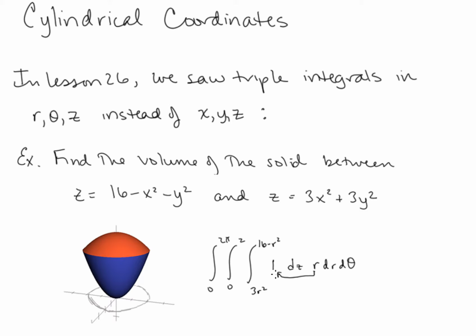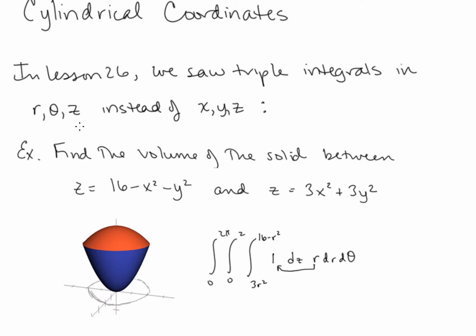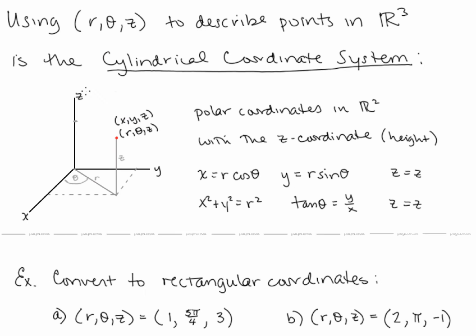Now, more generally, we can describe points in three-dimensional space not in x, y, z coordinates, but in r, theta, and z coordinates, and that's called the cylindrical coordinate system. So using r, theta, and z to describe points in R3 is a cylindrical coordinate system. So r and theta are exactly the same thing that they are in polar coordinates for the two-dimensional plane, and then z is the same z that we've had, being the height from the xy plane.